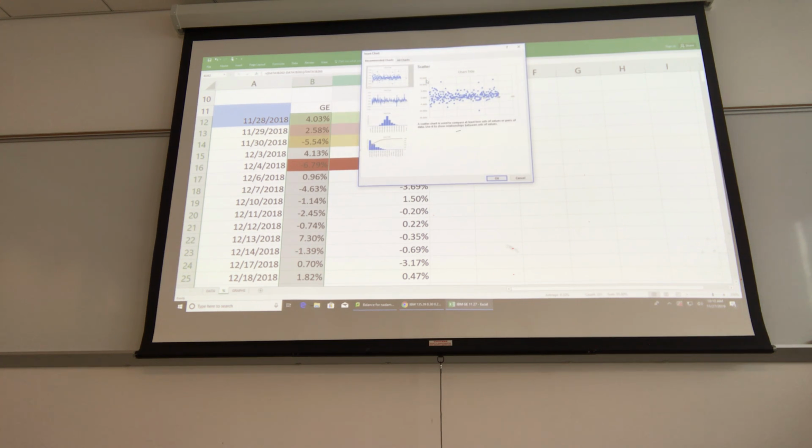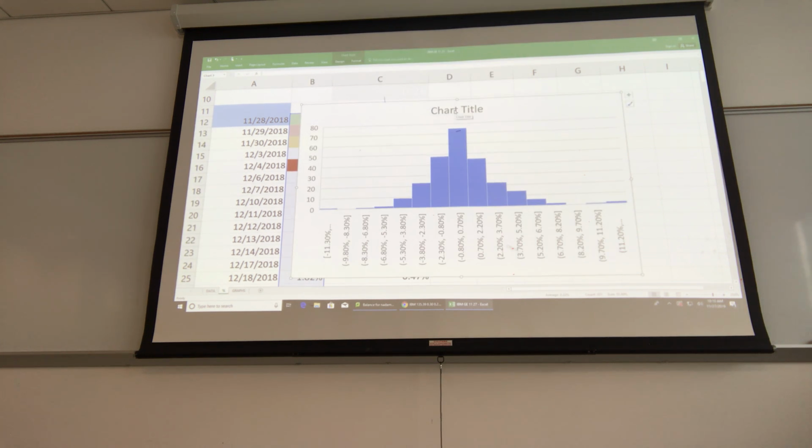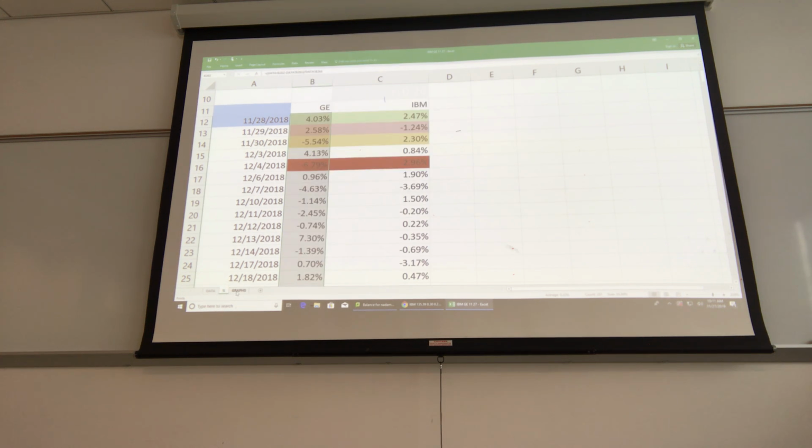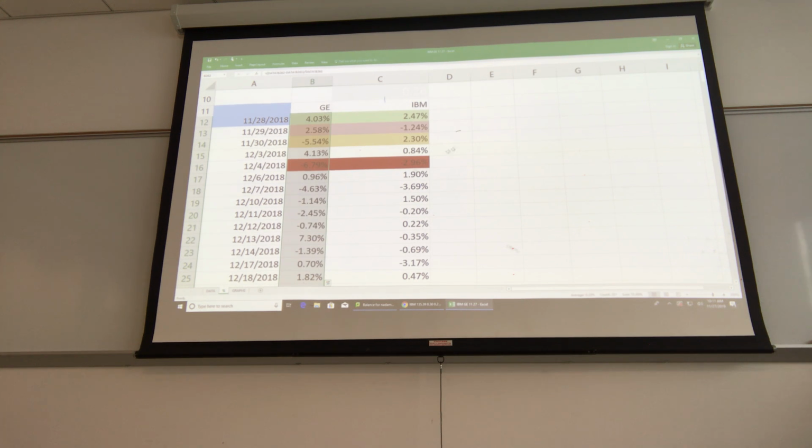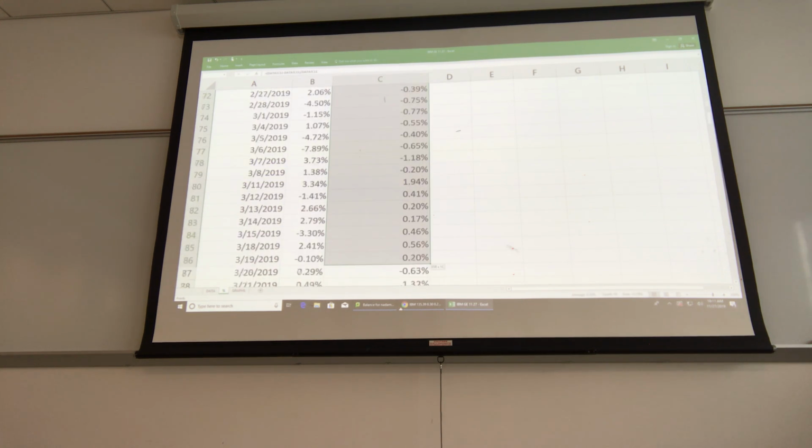How can I graph them? I click this part here. And this part is my G. I take it, I cut it from here, I go to my graphs, and I put what is happening with General Electric. I go back, and I look at my other percent changes.